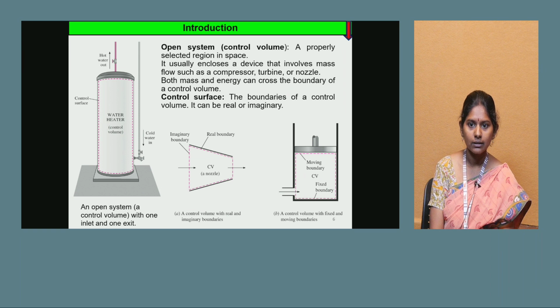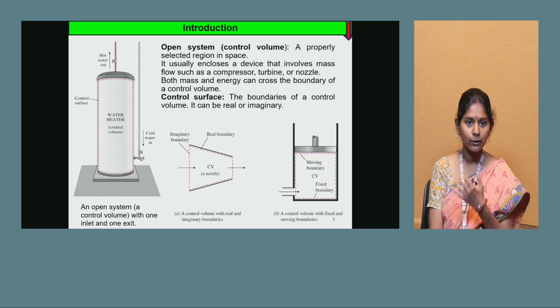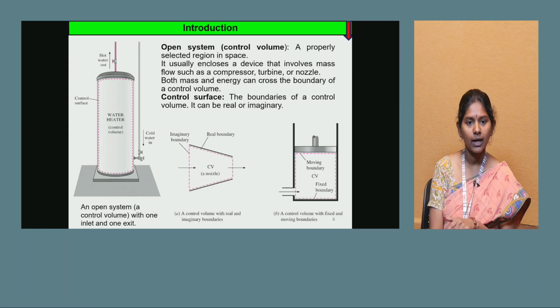The cold water enters at an inlet through the nozzle, and at the nozzle there are two boundaries, one real boundary and the other an imaginary boundary between the hot and cold water. So here is the control surface, and the hot water that has been heated is removed through the outlet portion.